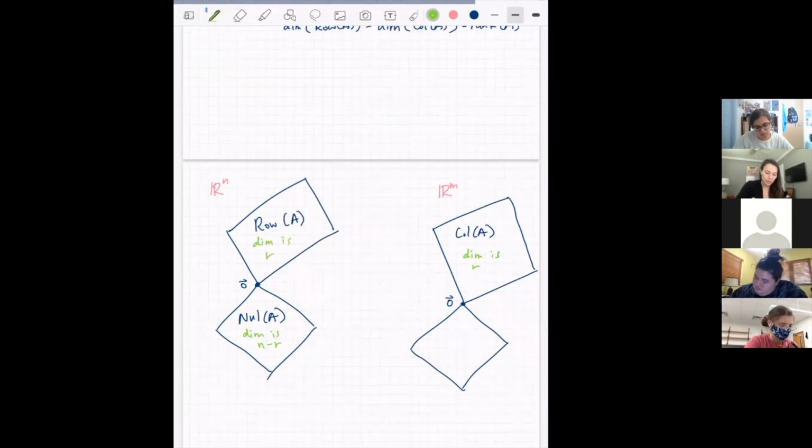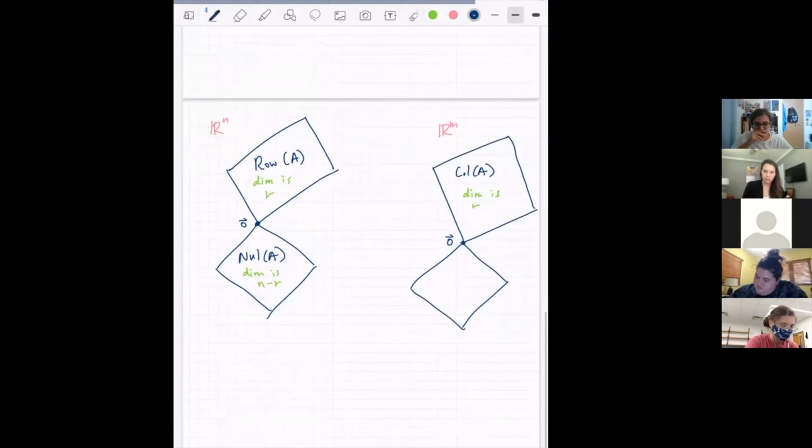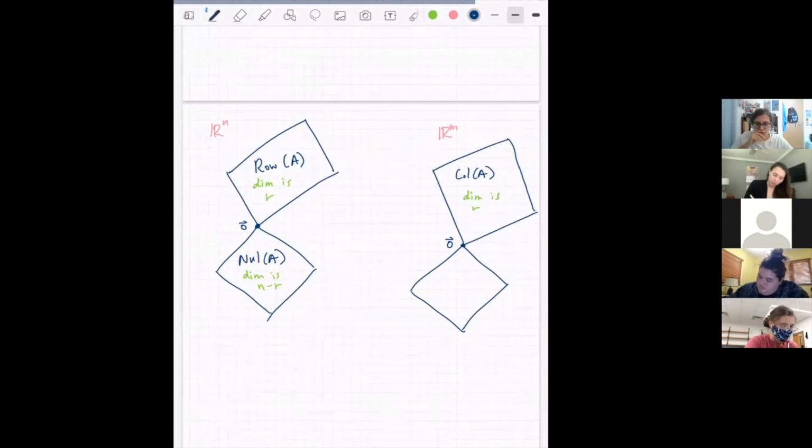And then we have this one last subspace over here in Rm, which is the null space of A transpose. And remember that the row space is the column space of A transpose.